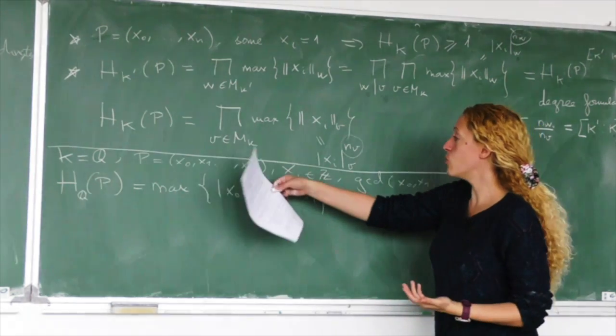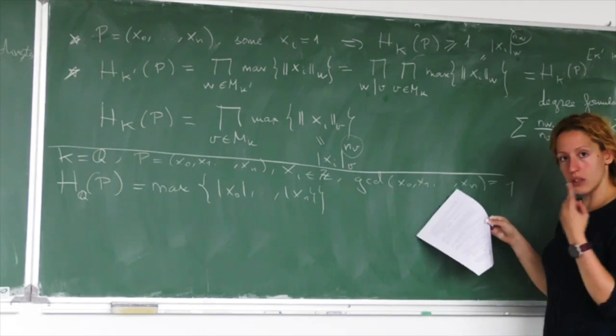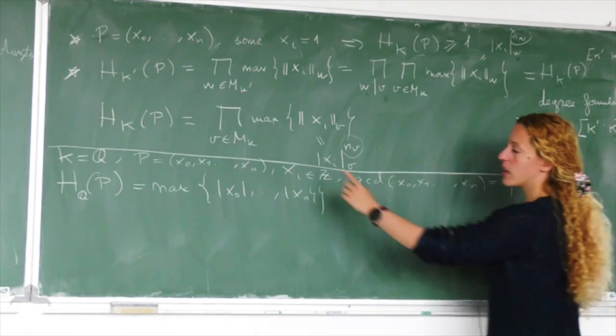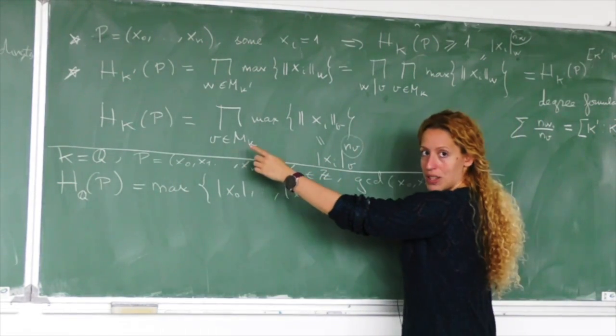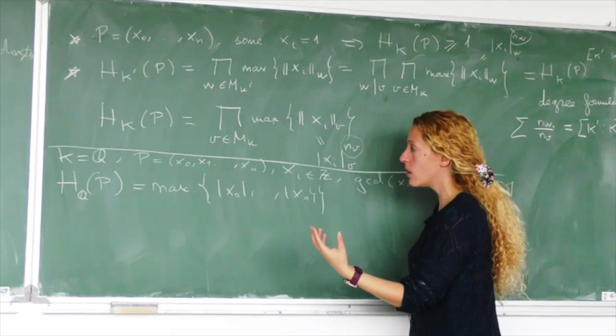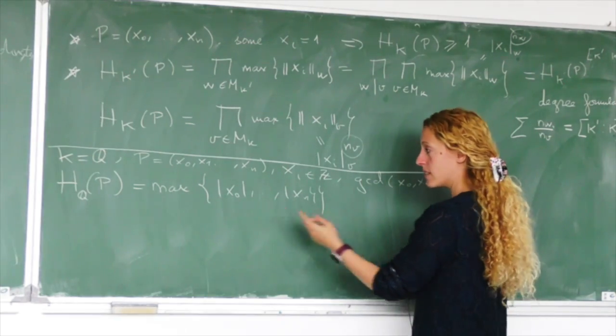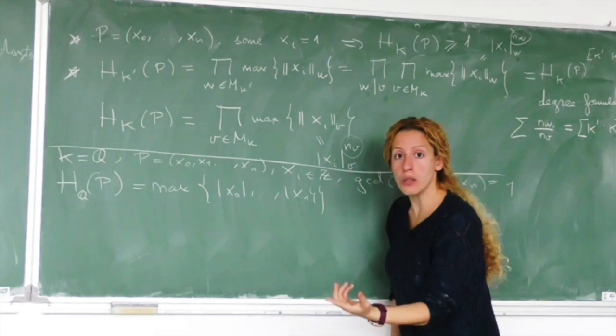You have that the greatest common divisor of all the coordinates is 1, which means that when I look at a non-Archimedean valuation, a p-adic valuation corresponding to the prime p, there is at least one coordinate that is not a multiple of p.